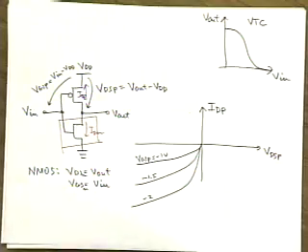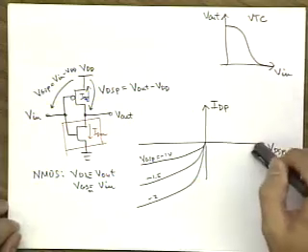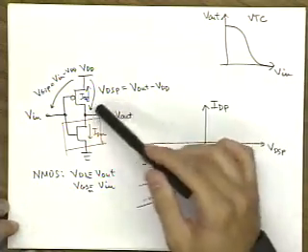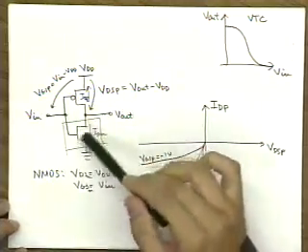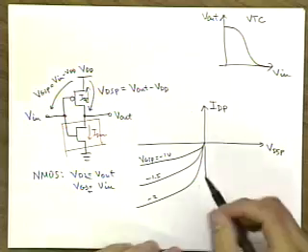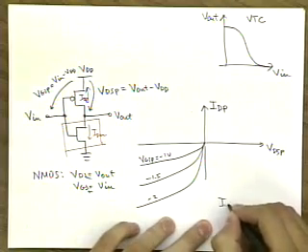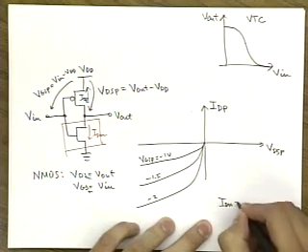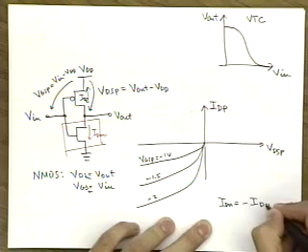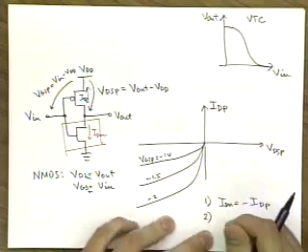So now we have to translate this I versus VD relationship into the coordinate system of the NMOS. So we need to apply some transformations. First of all, IDN is equal to negative IDP. That's relationship number 1.